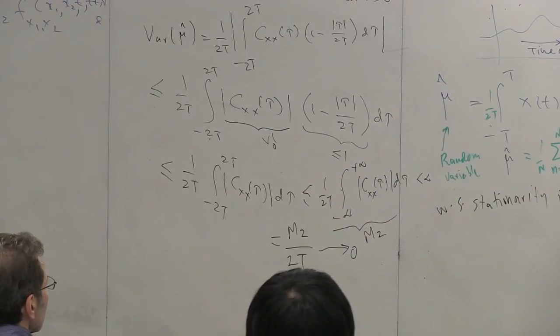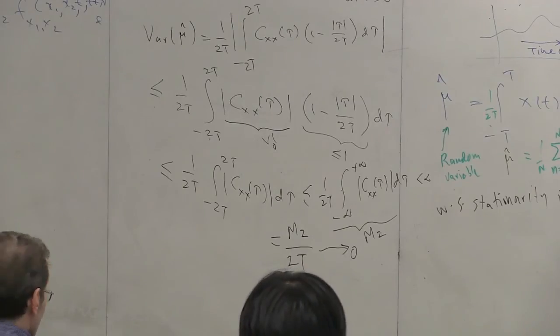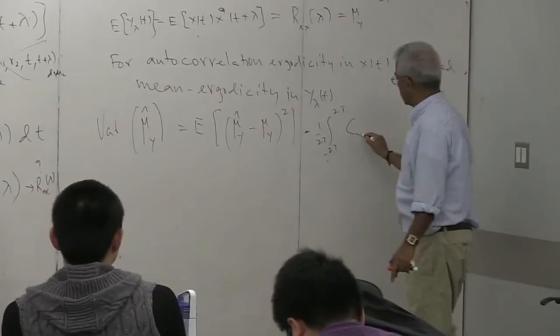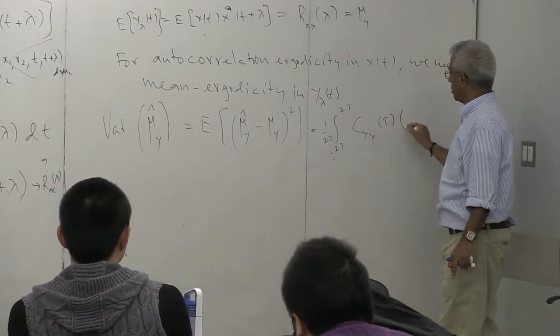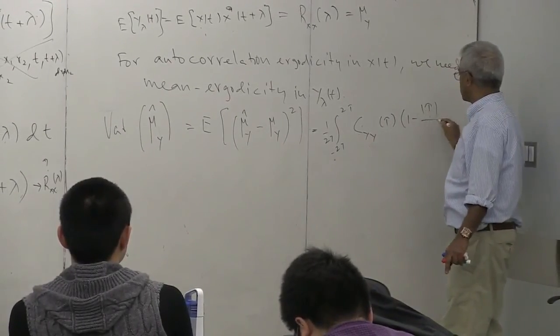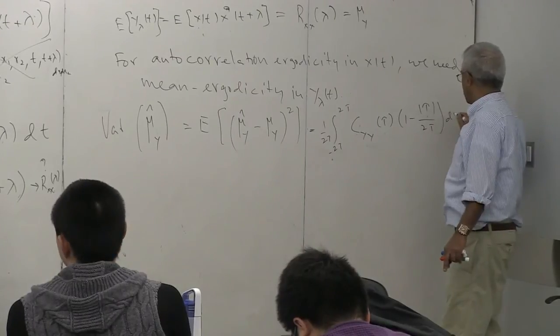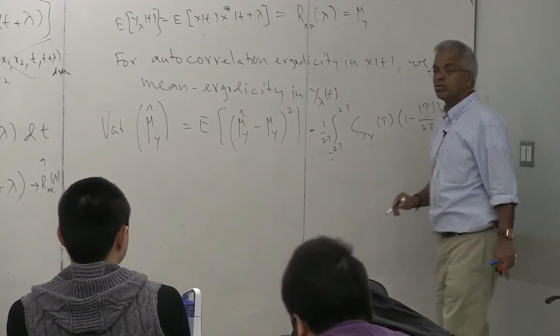So the answer is, this will be the same as 1 over 2T integral from minus 2T to 2T, where you have Cyy tau multiplied by 1 minus tau over 2T. This expression should go to 0.